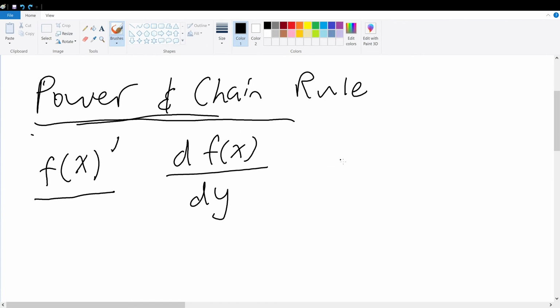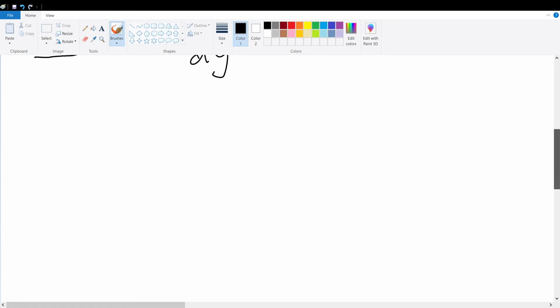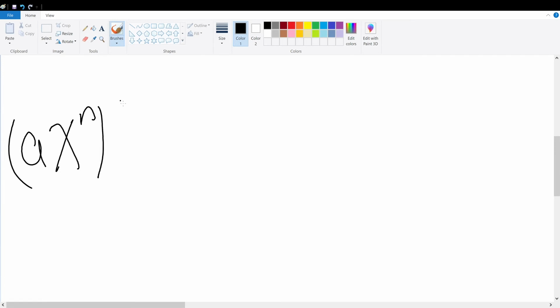And then if you're a physics student, when you take a derivative, you'll have a dot on top or something like that. Now we're going to go over an example, the general notation of how to take derivatives. Pretend you have a basic function like ax to the power of n, and you want to take the derivative of this.